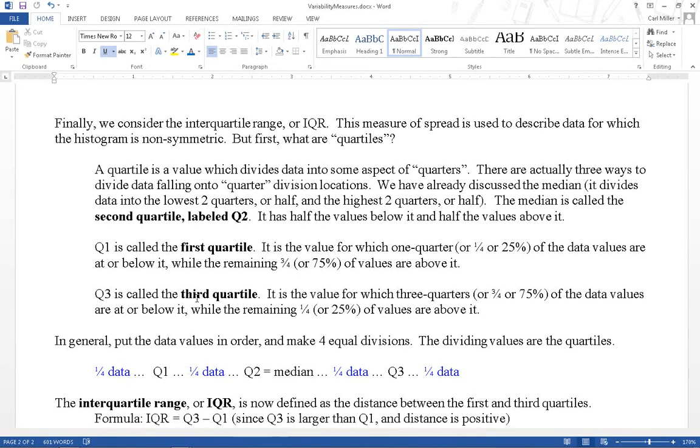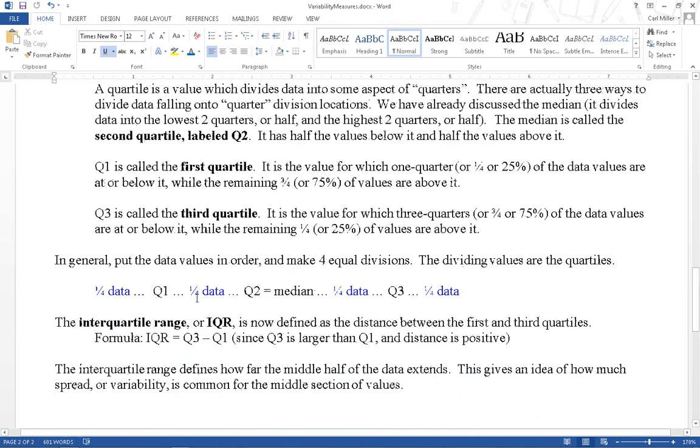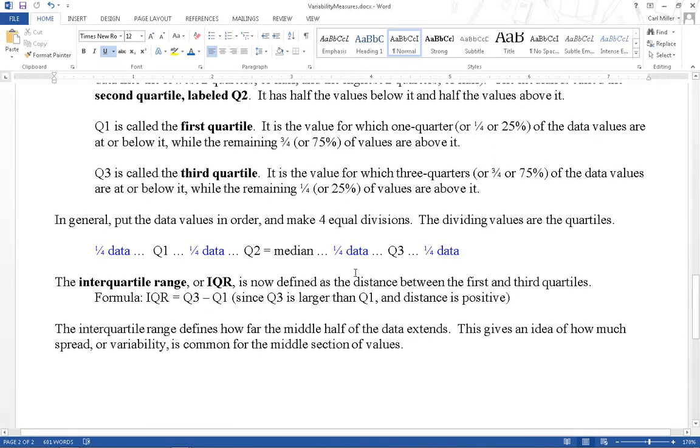Now the interquartile range is simply the distance between the first quartile and the third quartile. Now notice that accounts for 2 quarters of the data. So what the interquartile range, or IQR, is doing is actually measuring how spread out the middle 50% or 1/2 of the data is.